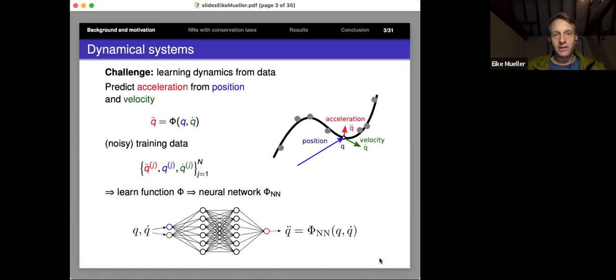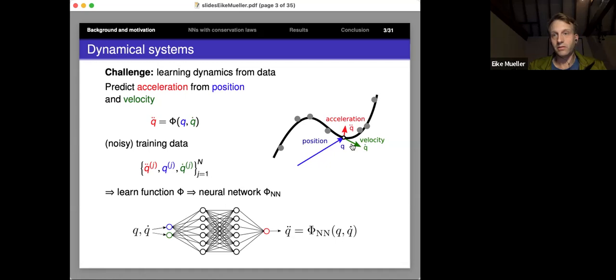Okay, so what's the key problem or the challenge that we're looking at? Really what we want to do is predict the acceleration of a particle from its position and velocity. So we want to learn the dynamics of a dynamical system from data. Assume that the true dynamics is given by this black curve here.